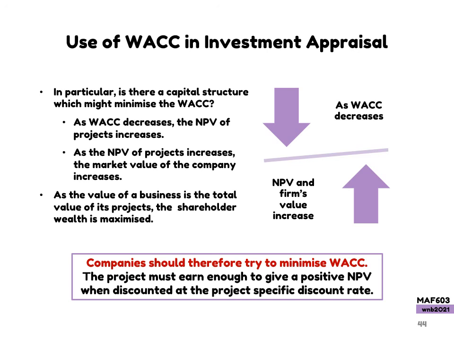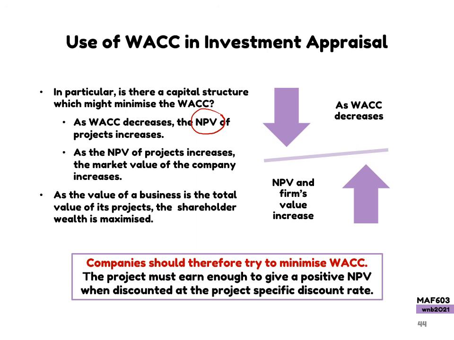So, kalau boleh, company tu dia akan try their best to minimize the WACC, the overall cost of capital. Kalau boleh kita nak as minimum as possible, because when WACC decreases, NPV of the project increases. Okay, kita naklah kan NPV yang lagi tinggi lagi bagus lah.